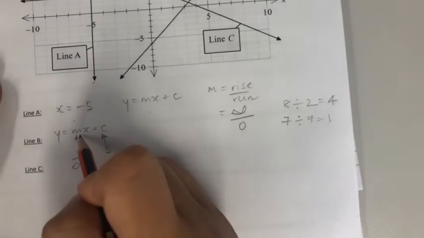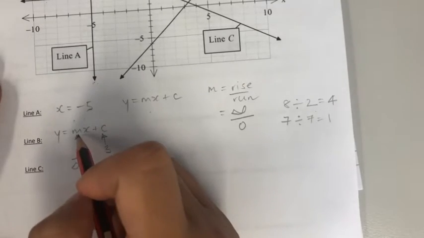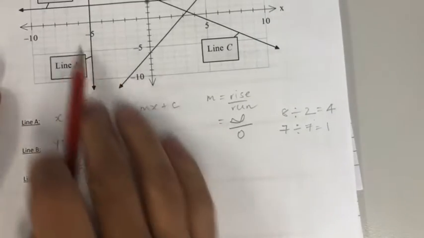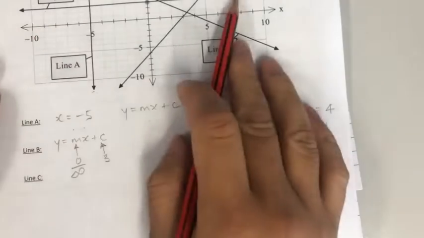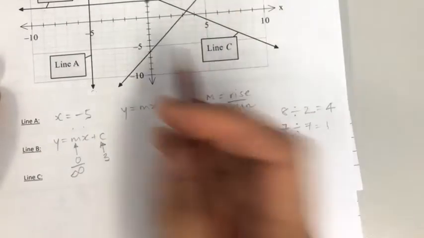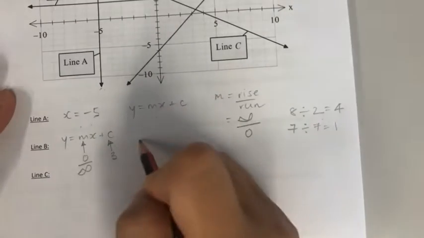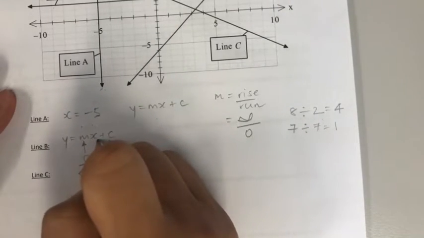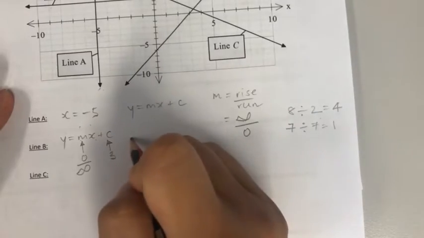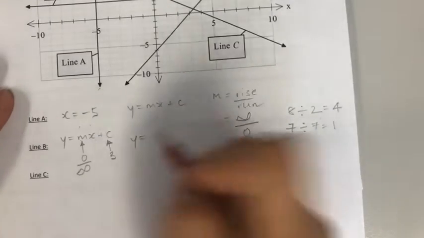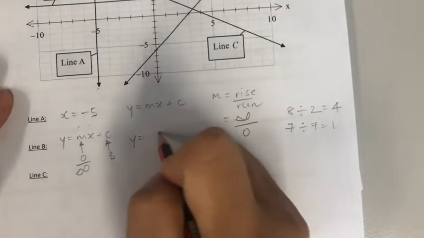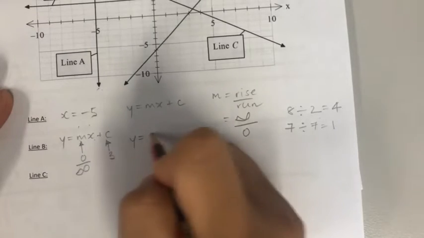And that's just 0. Because if you think about it, gradient is how sloped a line is, and this has 0 slope. So you'll end up with a 0 for the gradient, which means 0 times x is 0, and so horizontal lines are just written as y equals the y-intercept, which is 3.